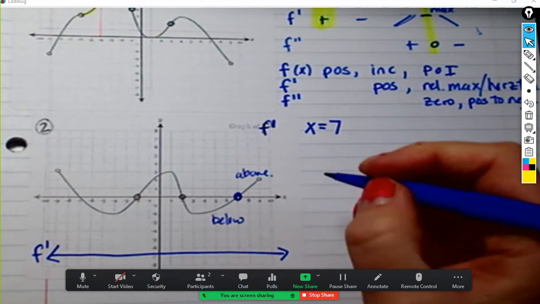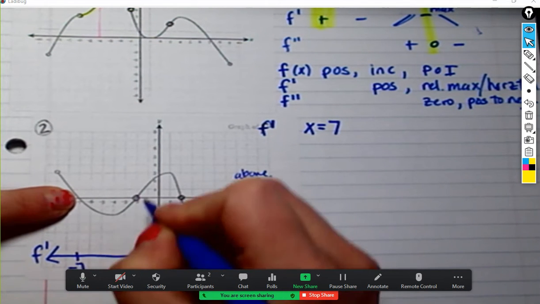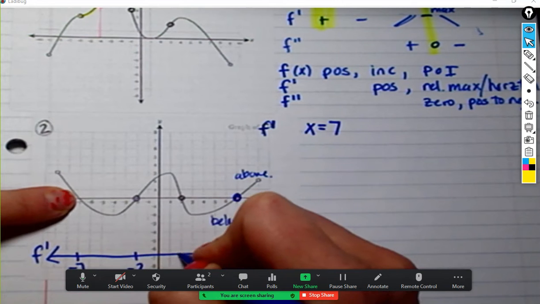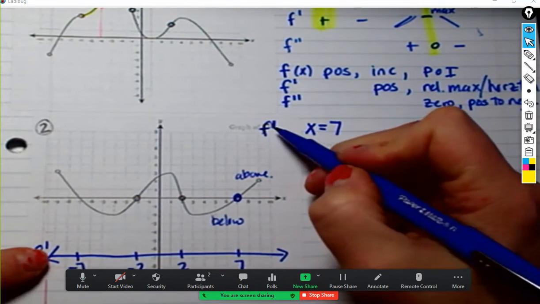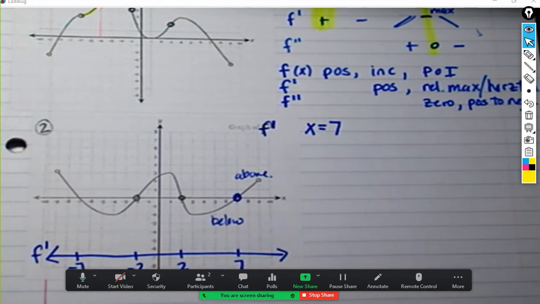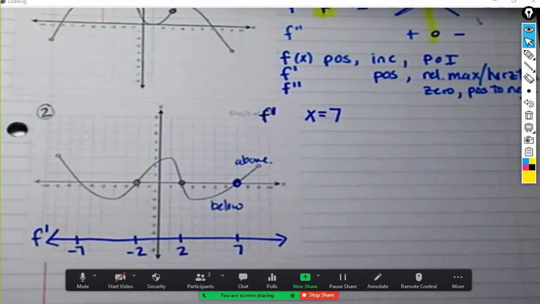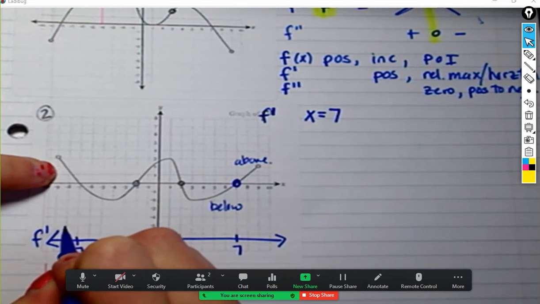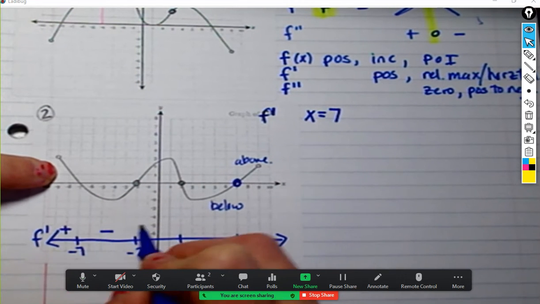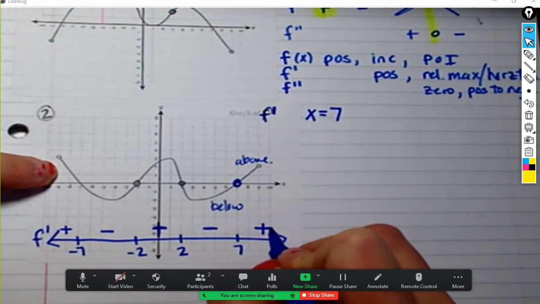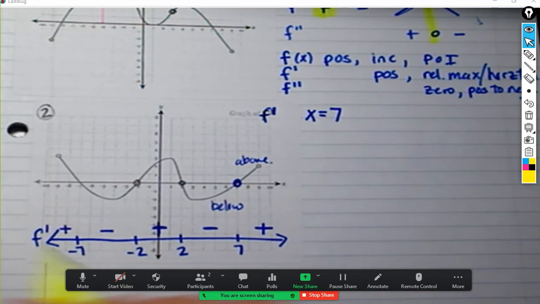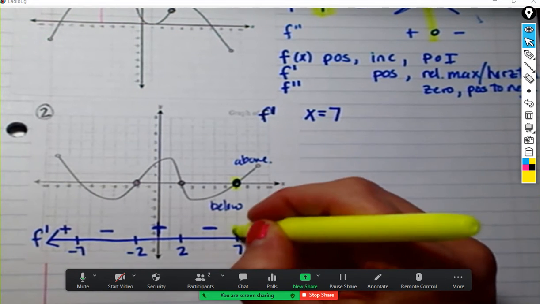Number line. 0, -2, 2, 7. Okay, notice F prime, they have the same label. Above means positive. Below means negative. So this is above, below, above, below, above. Okay. This is the spot I'm looking at, right here.